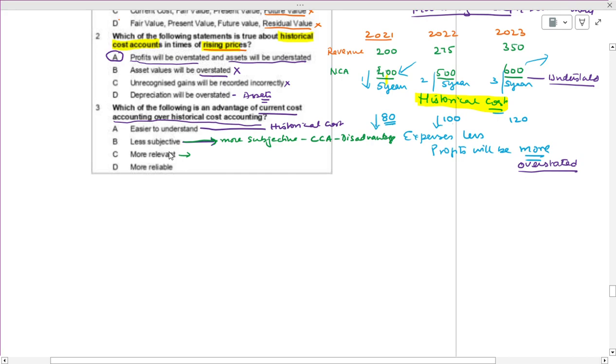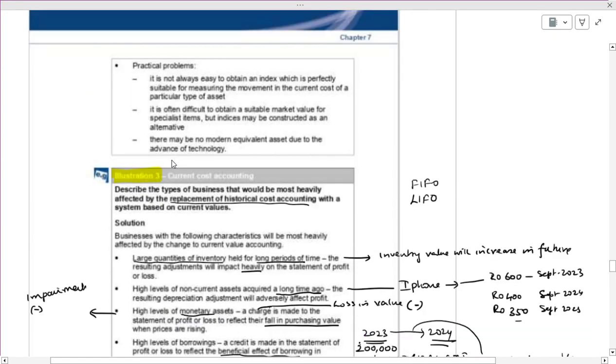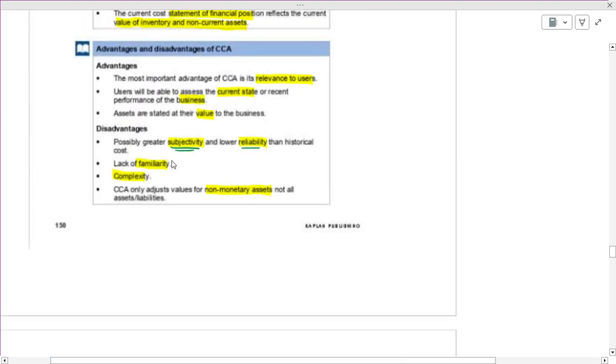Which of the following is an advantage of current cost accounting? The most important advantage is that it is more relevant to users.